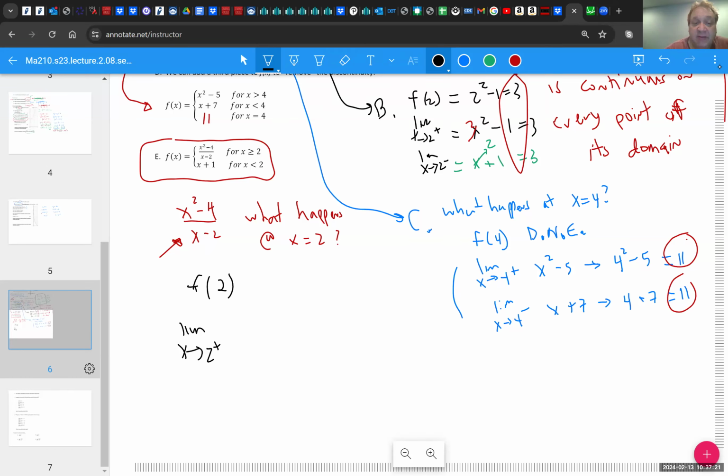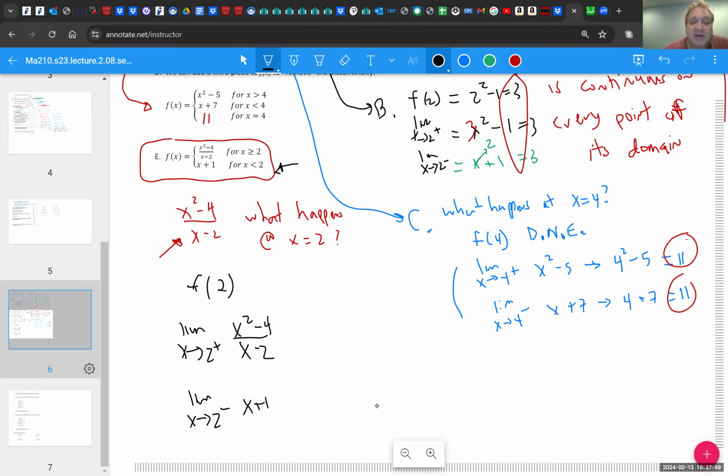From the right, for x values greater than 2, we use this rational function. For the limit as x approaches 2 from the left, for values of x smaller than 2, we use the bottom branch.